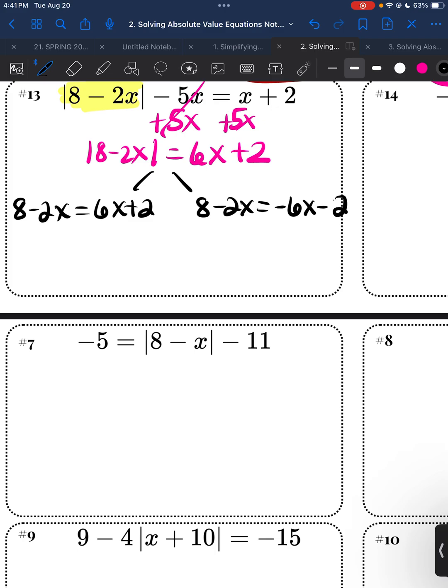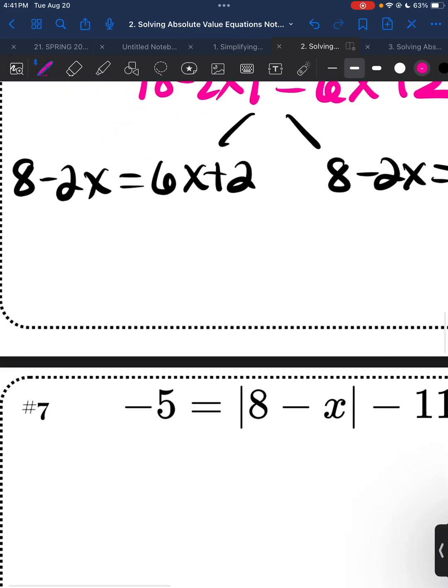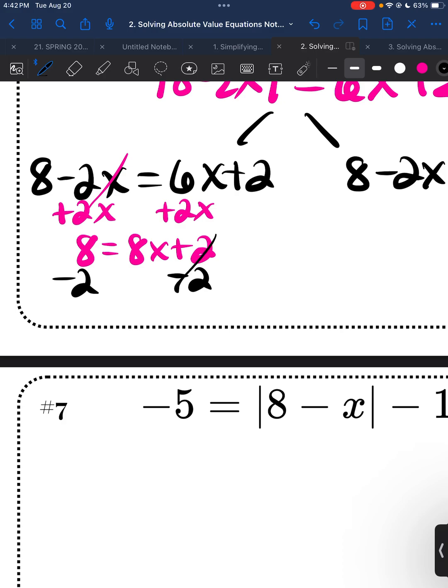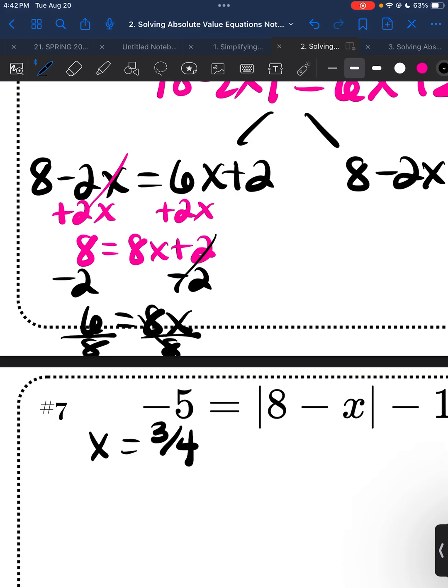It is possible for a number to become positive on the right side, since we're talking about a problem with more than one variable. So then here, I'm going to do plus 2x. Then I'm going to do minus 2. And then divide by 8. So we have, I'm going to do it down here. X is equal to 3/4. If you plug it into the original, you get true. So you circle this one.